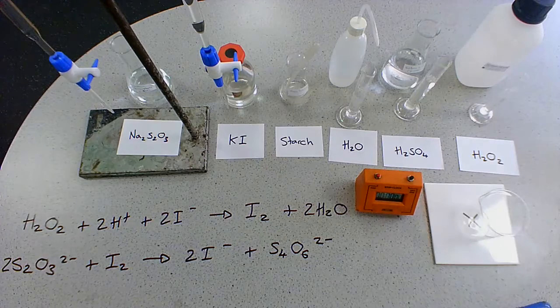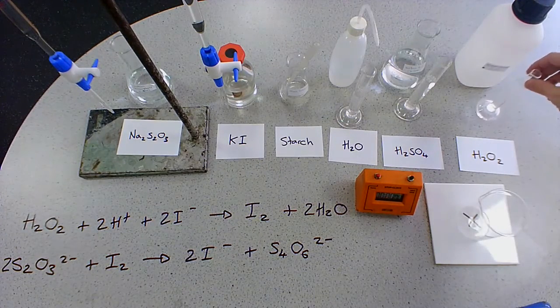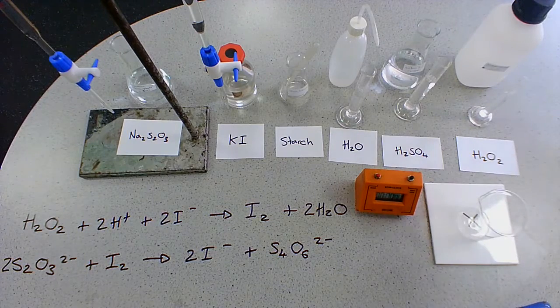So to start with, we've measured out 10 centimeters cubed of hydrogen peroxide. That's going to be the last thing we're going to add because that's going to kick off the reaction. All of these other reagents together won't react.